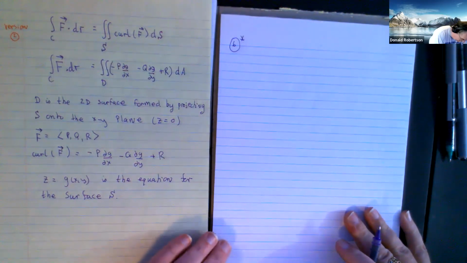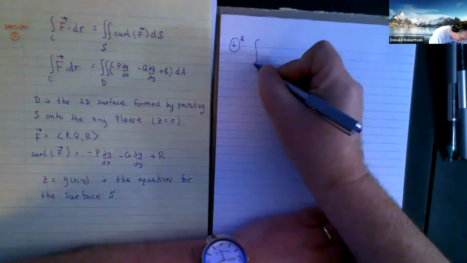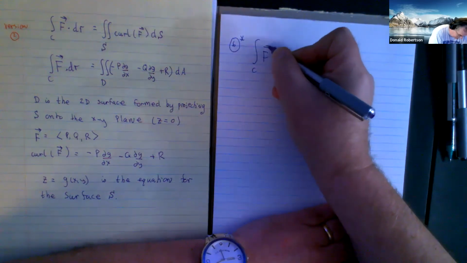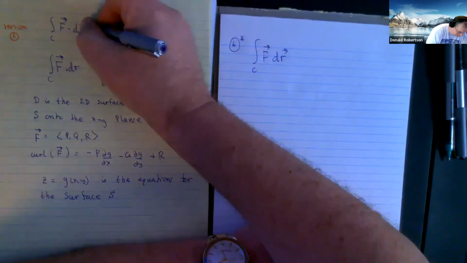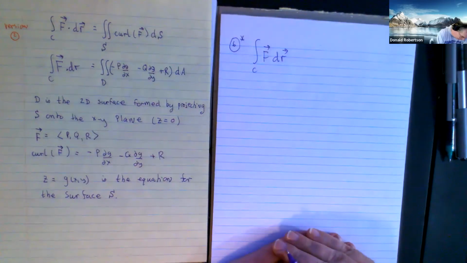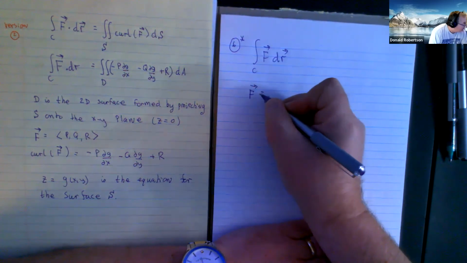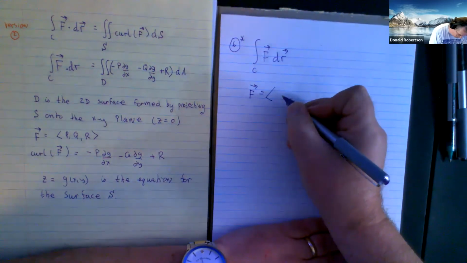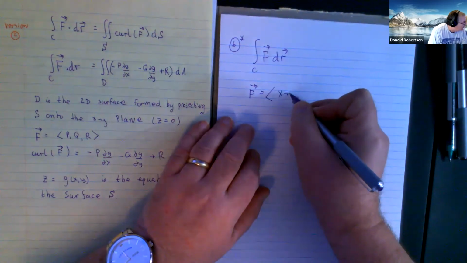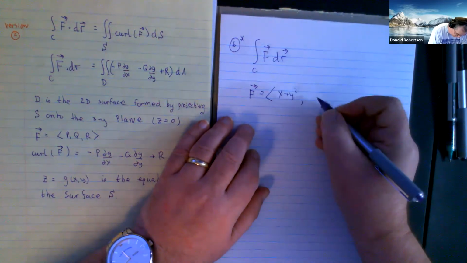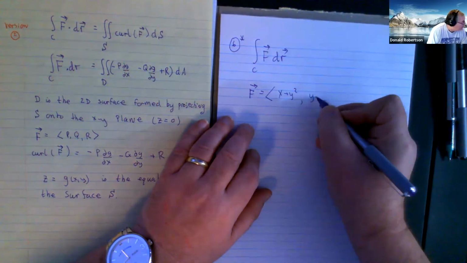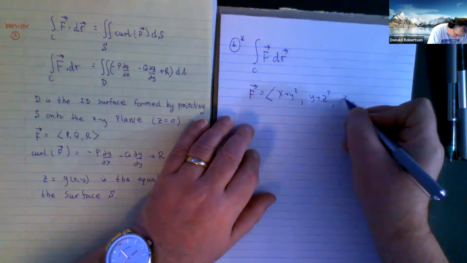We are being asked to find that line integral, right? And we're told that f is x plus y squared, comma, y plus z squared, comma, z plus x squared.